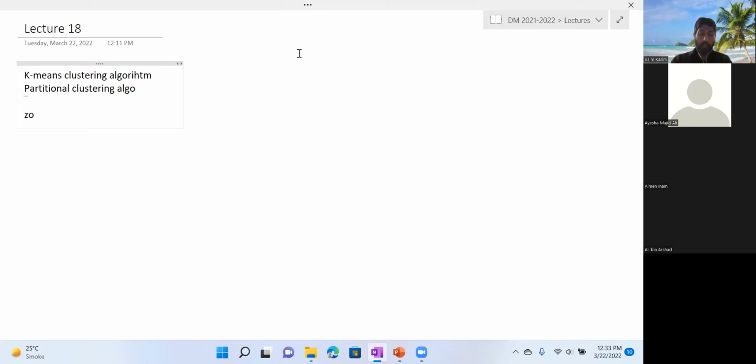Secondly, it is prototype based. The clusters that it defines are prototype based, or defined by points or objects. So the clusters are defined by some points, usually one point, which is the mean in this case.